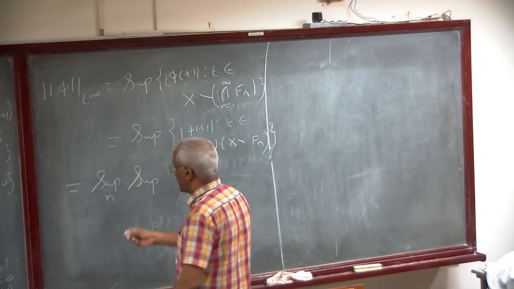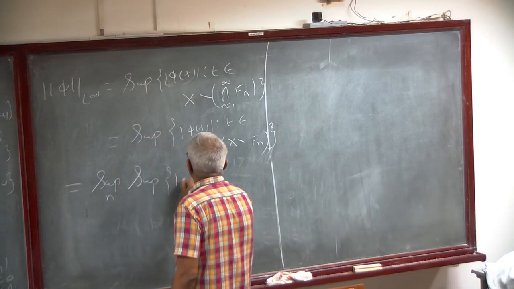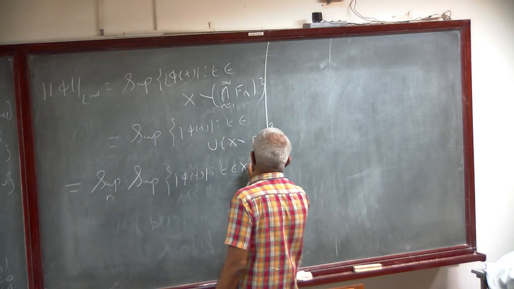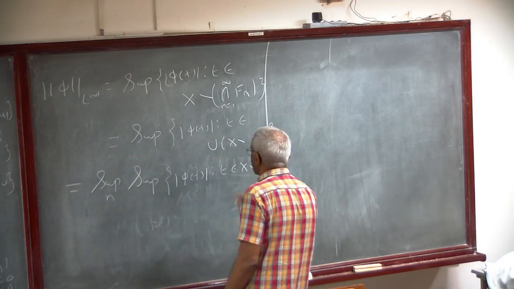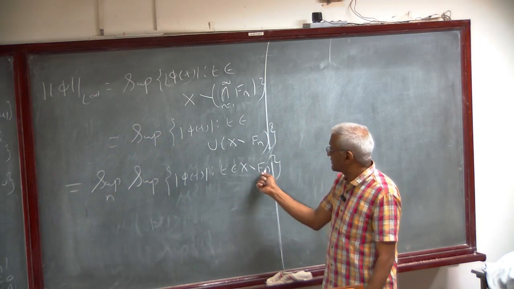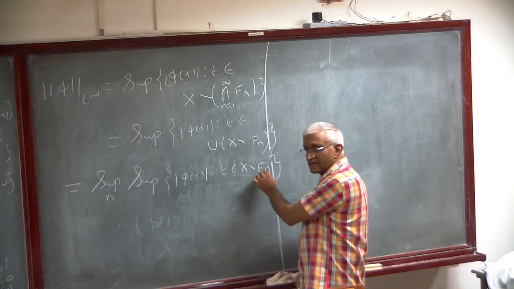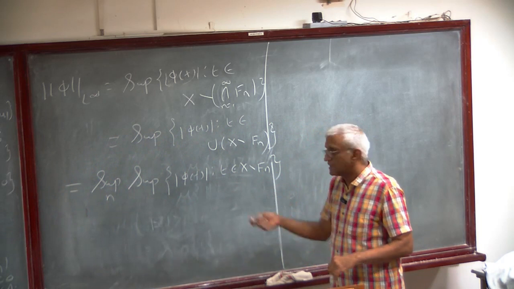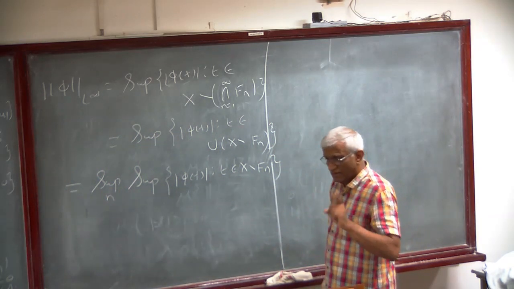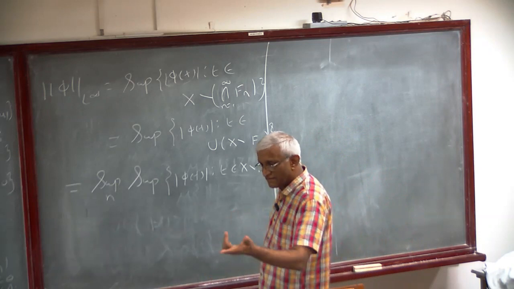Where t is in x minus. You remove the fn, f is contained in that. You remove a bigger set, and it is just the supremum. There is no explanation given in the book.